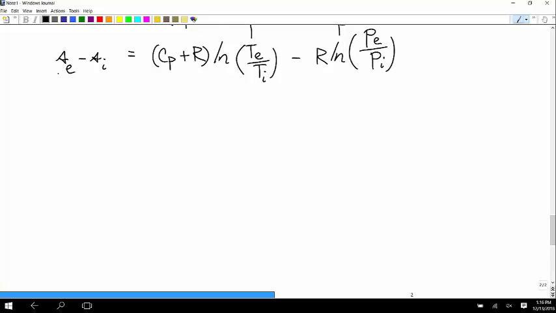So s_e minus s_i is equal to all this. Well, let's choose a value for C_p. Anybody? I don't know.